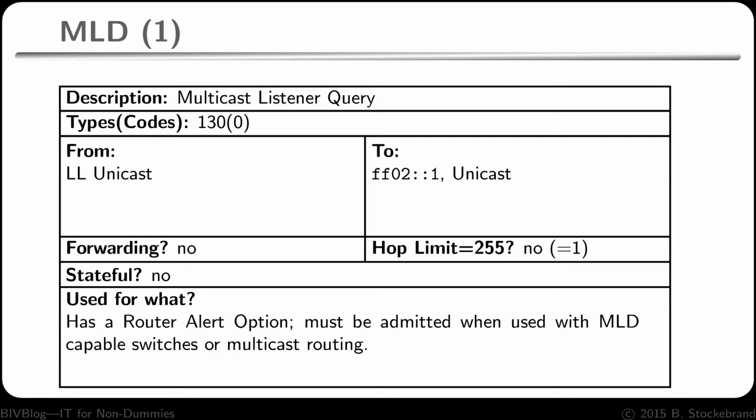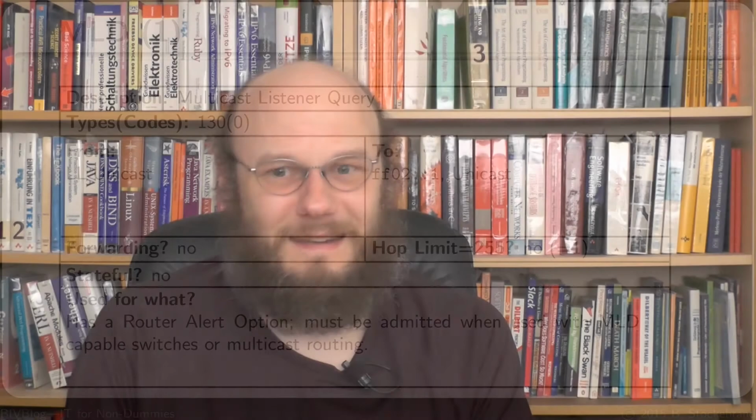They are important when you use multicast listener discovery on MLD capable switches, or if you use multicast routing. They have a router alert option, but the important thing here is that these MLD capable switches are a way to really screw things up in the long run.